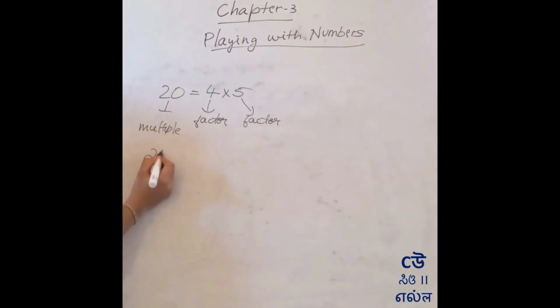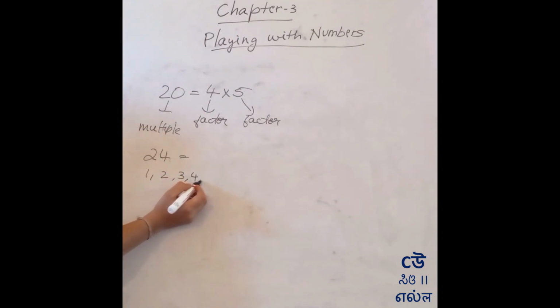Next for 24. 24 goes in 1, 2, 3, 4, 6, etc. Right? So in two tables, 2 12s is 24.